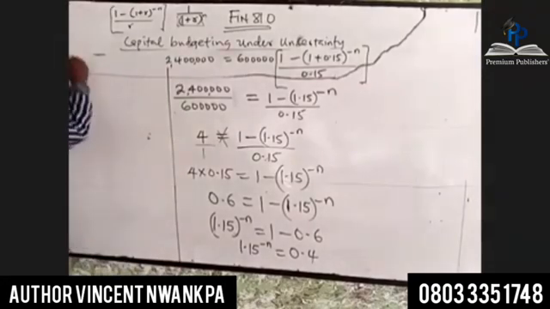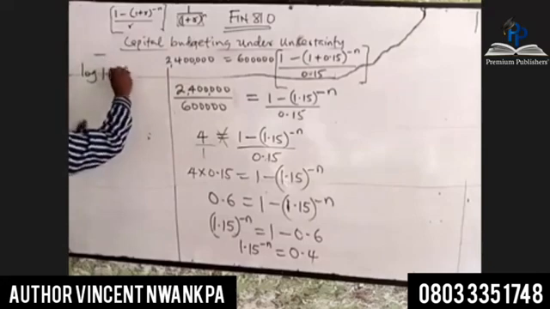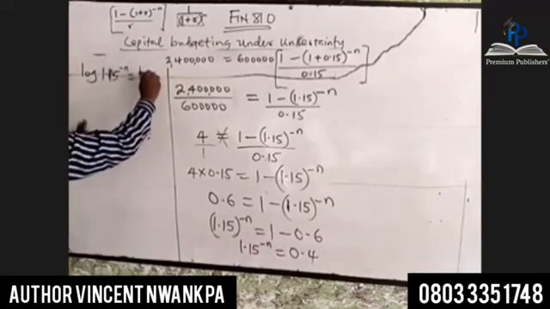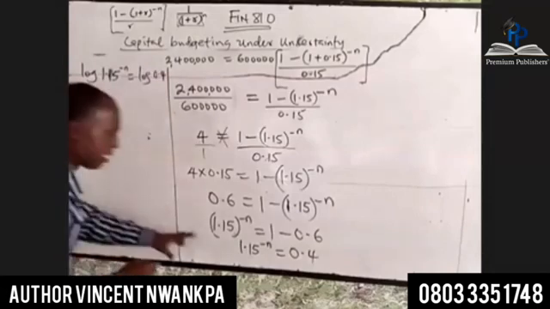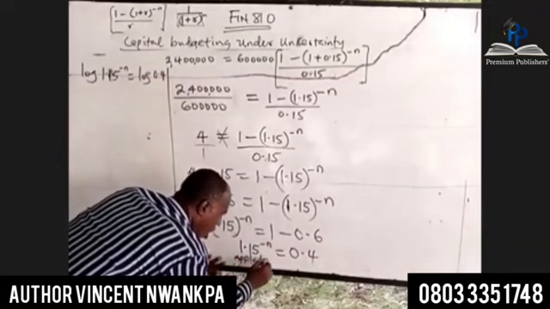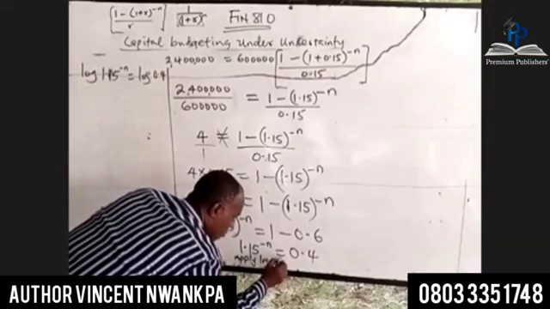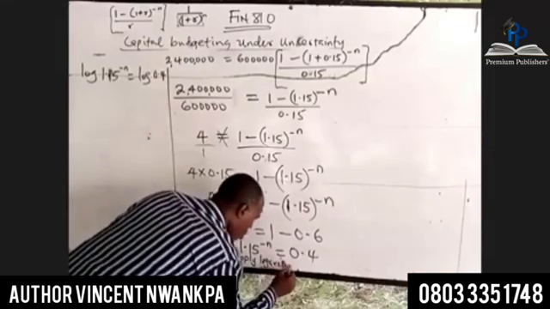Apply logarithm to both sides. It will be log 1.15 raised to power minus n equal to log 0.4. That is applying logarithm to both sides, natural log or any one you like, both will still work.